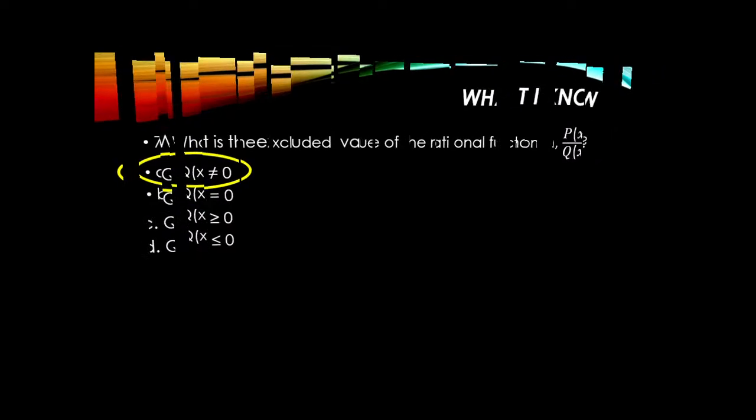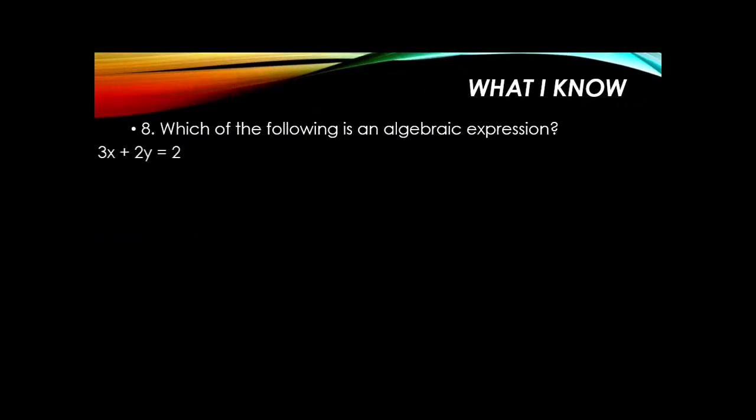Okay, number 8. Which of the following is an algebraic expression? A. 3x plus 2y equals 2. B. x plus 1. C. 3 plus 4 equals 7.